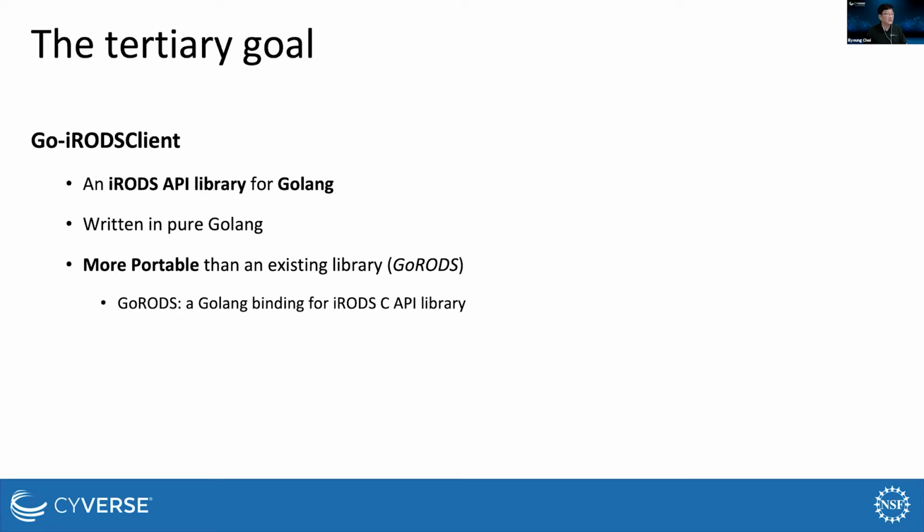Actually, there is an existing API library, but it's less portable because it relies on the iRODS C API library. We named this library Go-iRODSClient. So Go-iRODSClient is an iRODS API library written in Golang.